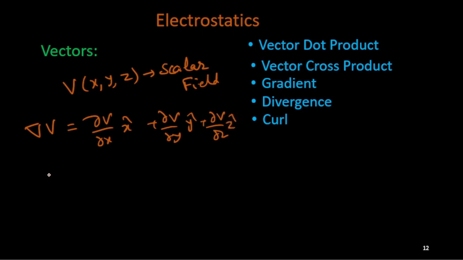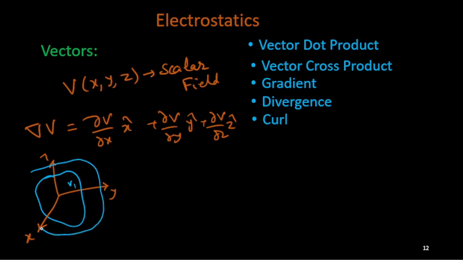So if you have this x, y, and z space with a scalar field, and the field is increasing, suppose its value is v1 at these boundaries and at this boundary its value has increased to v2. In which direction is it moving faster?